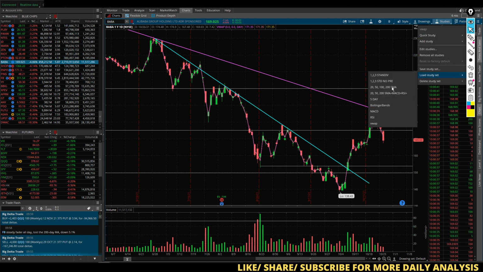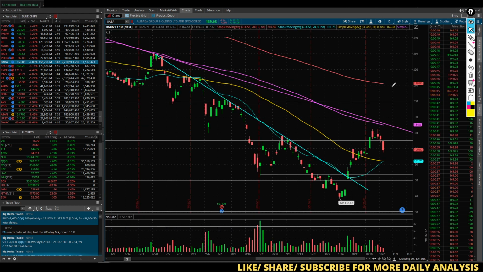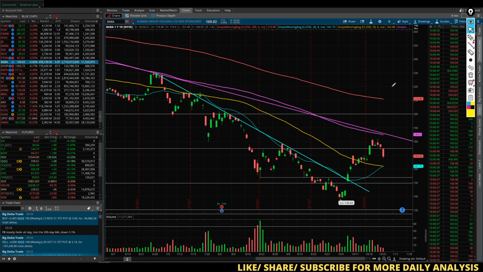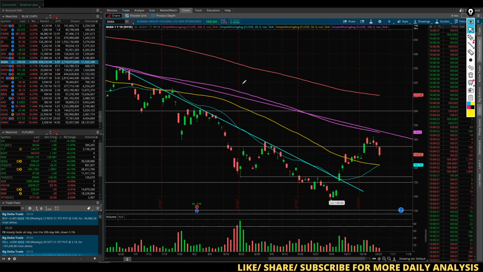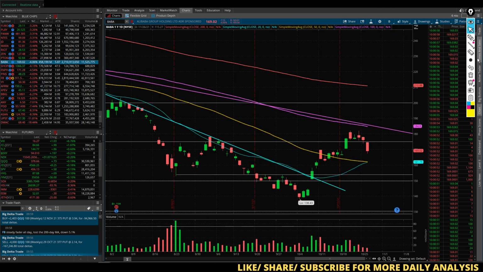So I'm going to be looking at the 50-day moving average as a first level of support. I brought up moving averages, so my chart got a little bit messy here. You can see there are a lot of lines, right? Let me explain. This red line up here is the 200-day moving average. Purple is the 100-day moving average.